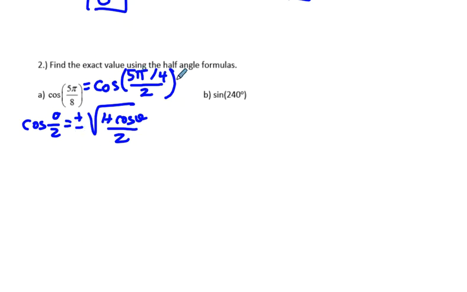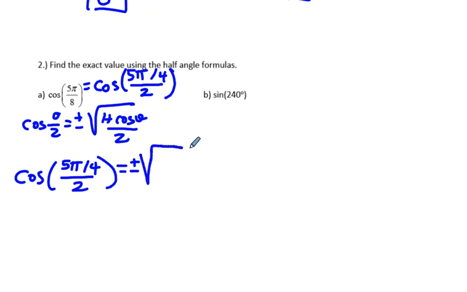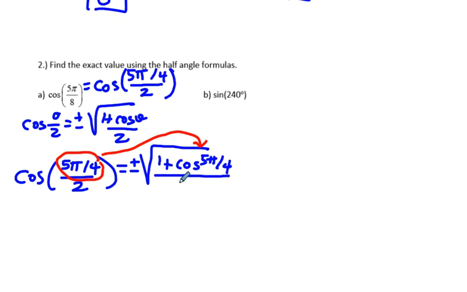So 5 pi over 4, I have cosine 5 pi over 4 over 2 equals plus or minus square root. And so this angle here is the one that goes in here. So I have 1 plus cosine of 5 pi over 4 over 2.